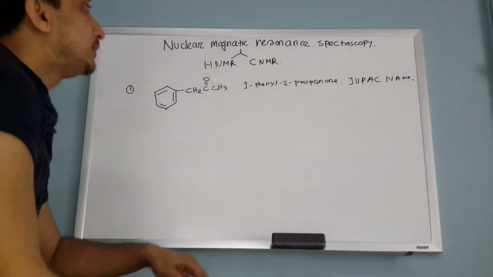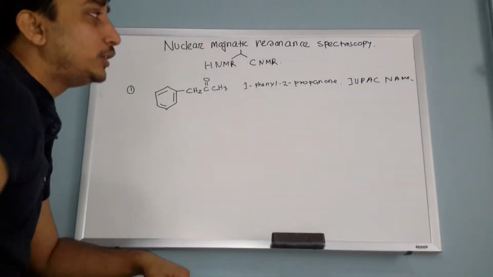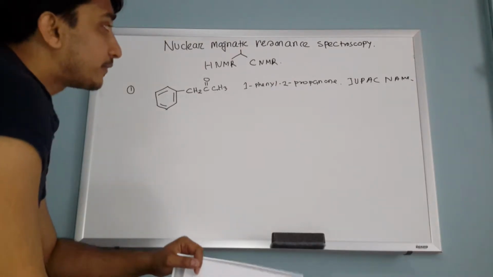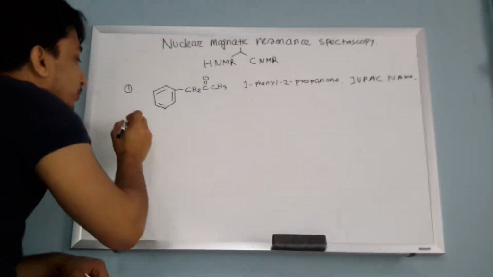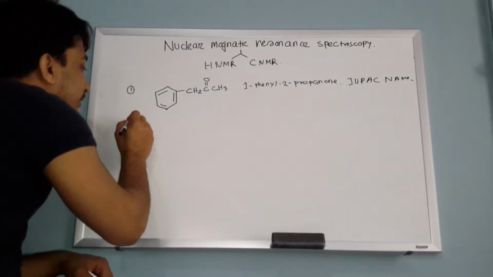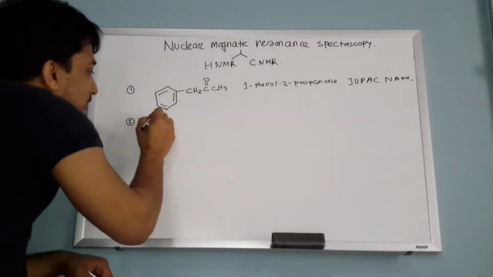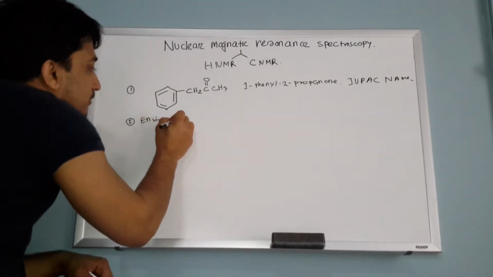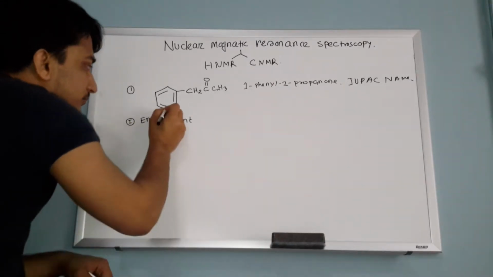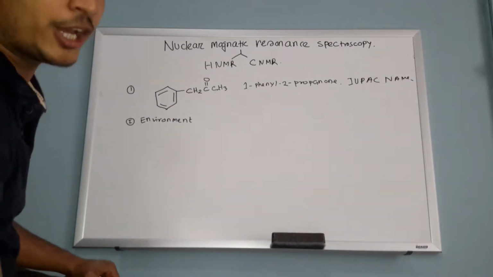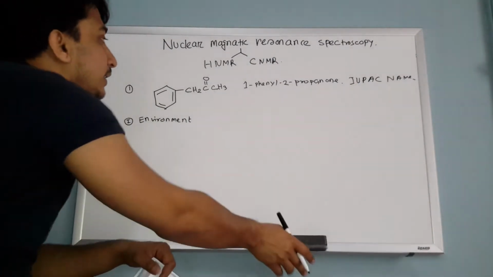Okay, so in this example, first you can find out the different environments. What is the first thing you can do? Find out the environment. If you want to find out the environment, draw this one as a structural formula.